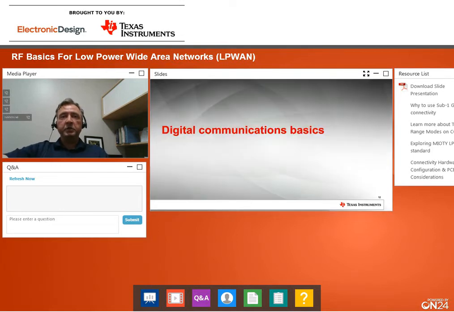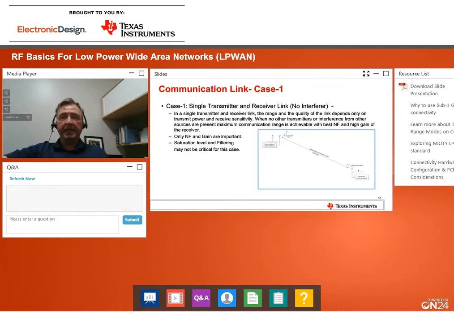So let's look at digital communications basics, and then I'll get into what is being done and what can be done to improve link budgets on just the digital communications backend. At the high level, what you want to do with a digital communications link is to transmit data from A to B. This is easy when you are, say, on the moon and there are no other interferers.